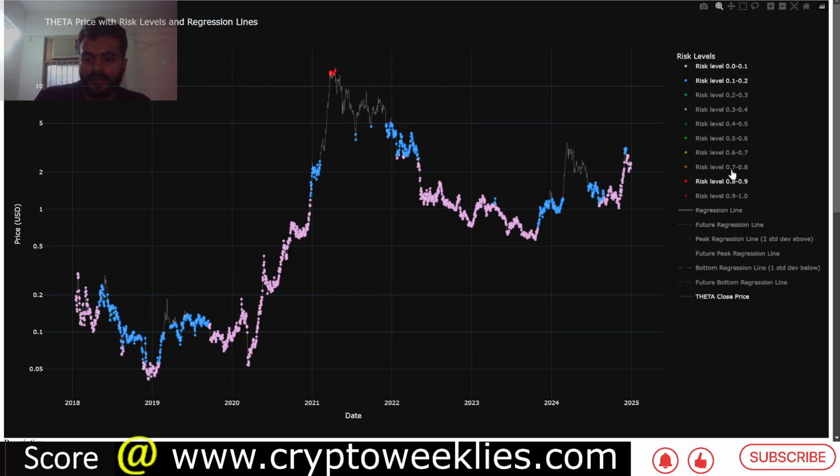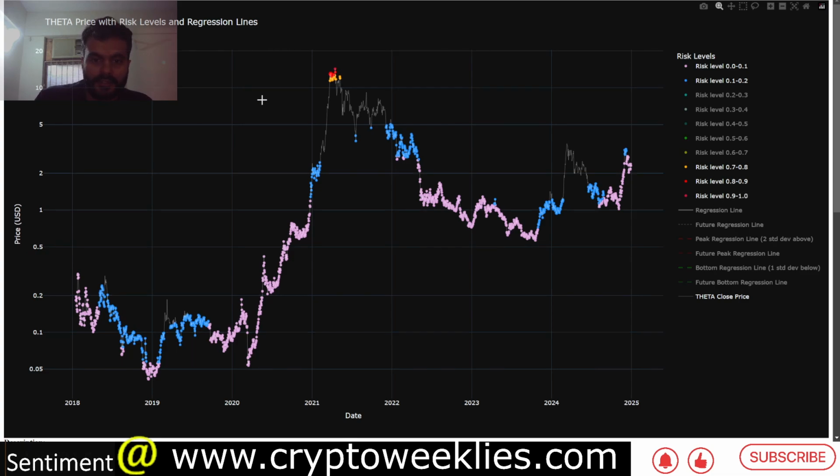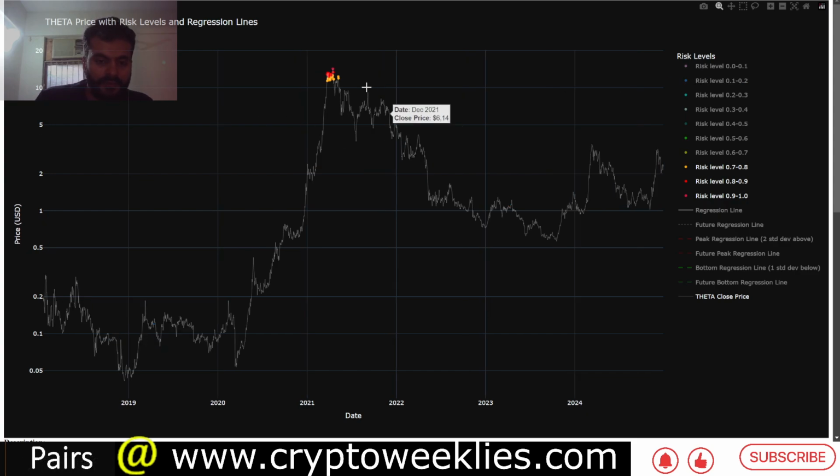Or the opposite, if the hypothesis is to DCA out of the trade when the risks are higher than 70%, this model does establish those top or frothy times in the market.